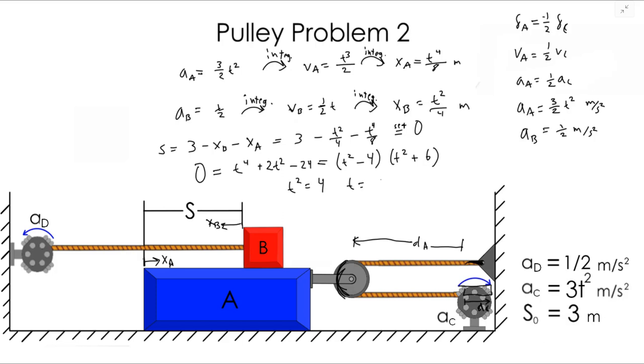So then t equals plus or minus the square root of 4. So it's 2. It's not going to be plus or minus, we're just going to say plus because negative time does not make any sense. So 2 seconds. At 2 seconds is when it's going to fall off. So t equals 2.